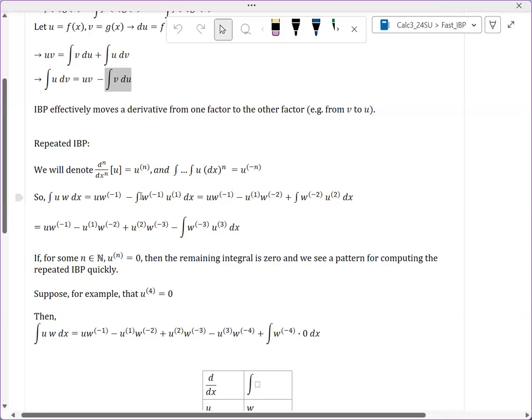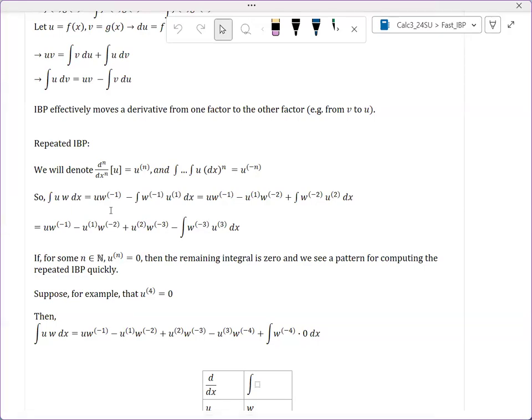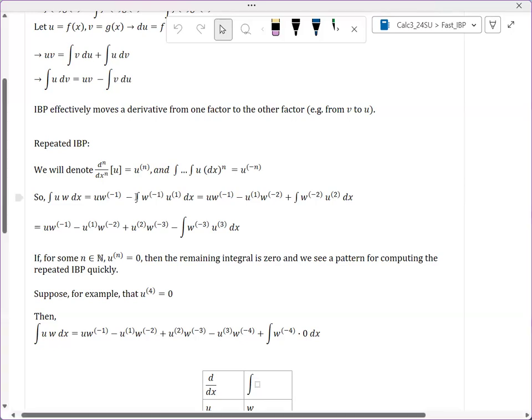And again, v is the antiderivative of w, and du is the derivative of u dx, u prime of x dx, or u superscript 1 dx. So we're writing this in a maybe slightly unfamiliar way, because the goal here is to keep track of how many times we anti-differentiate or differentiate a given factor when we repeat this process.